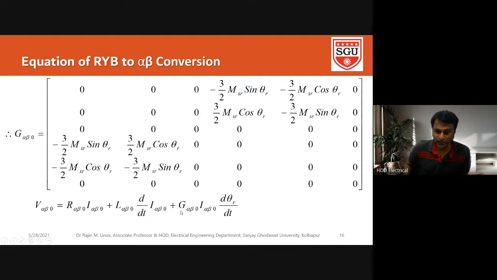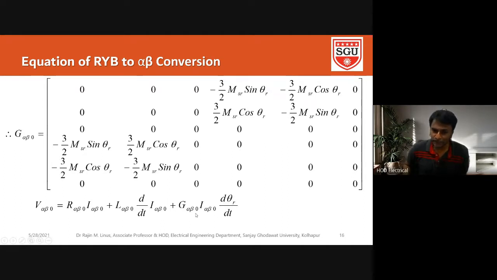So finally we end up with V alpha beta naught equal to R alpha beta naught into I alpha beta naught plus L alpha beta naught into d by dt of I alpha beta naught plus G alpha beta naught into I alpha beta naught. The d theta by dt we already know is the electrical speed of the motor.